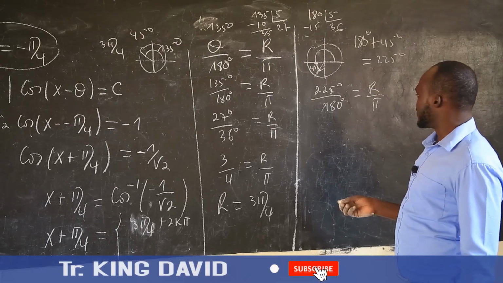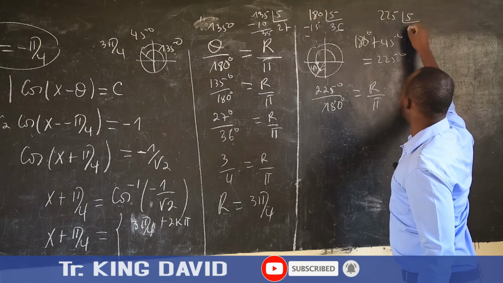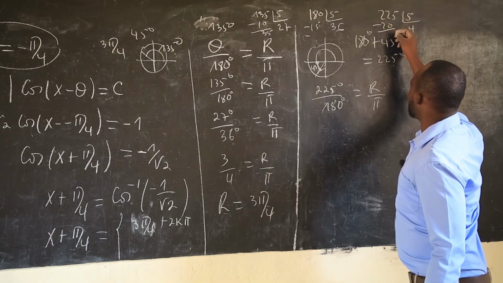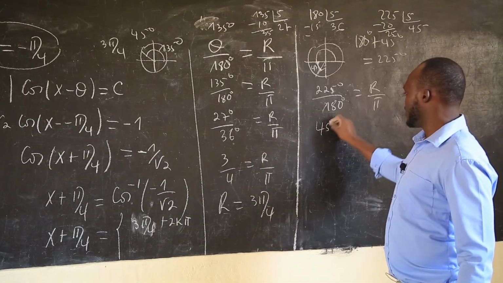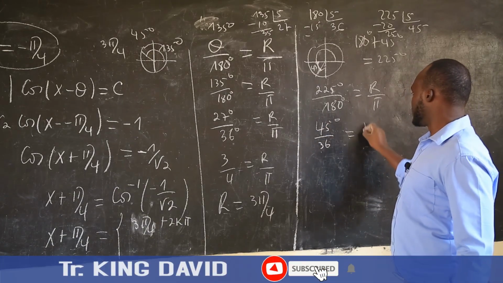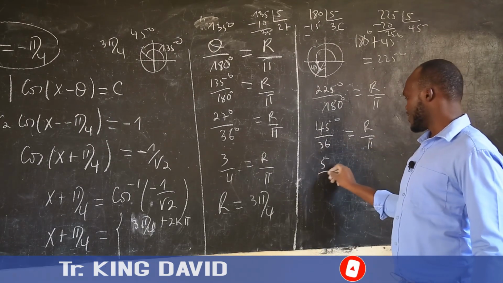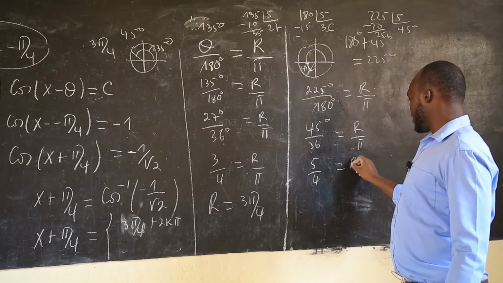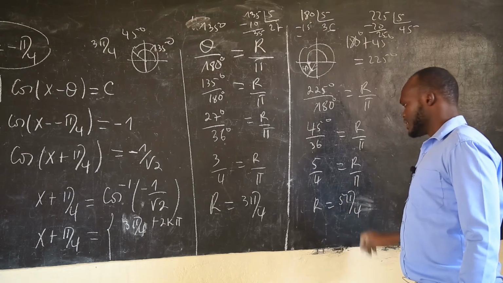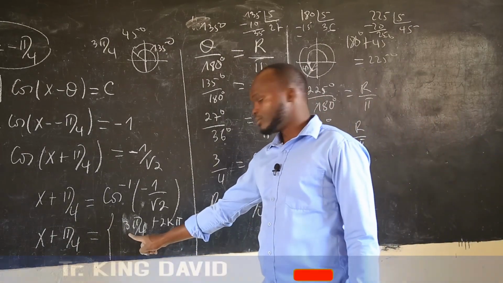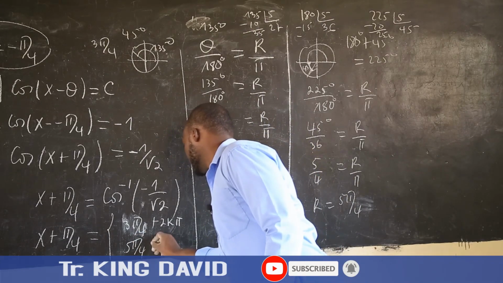We divide by 5: 225 divided by 5 is 45, and 180 divided by 5 is 36. So 45 over 36 equal to rad over pi. By 9, 5 over 4 equal to rad over pi. So rad becomes 5 pi over 4. So now it will be 3 pi over 4 plus 2k pi and 5 pi over 4 plus 2k pi.